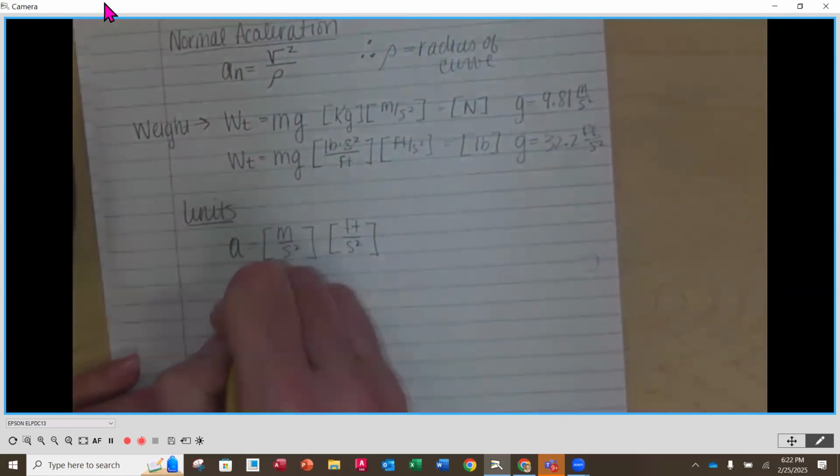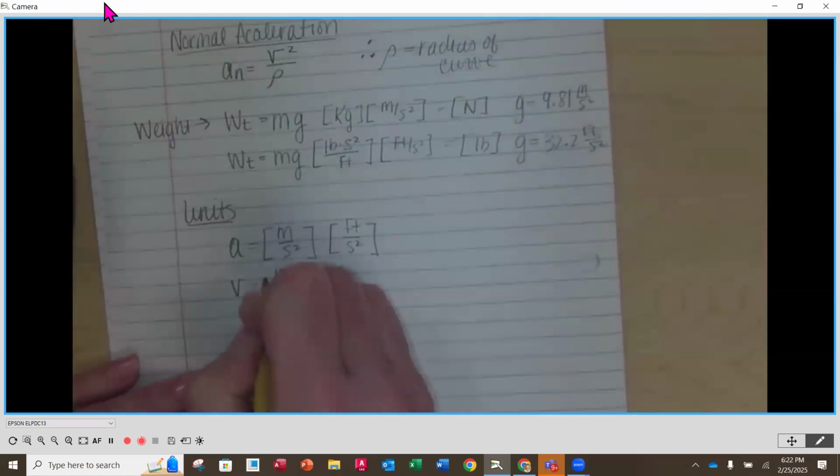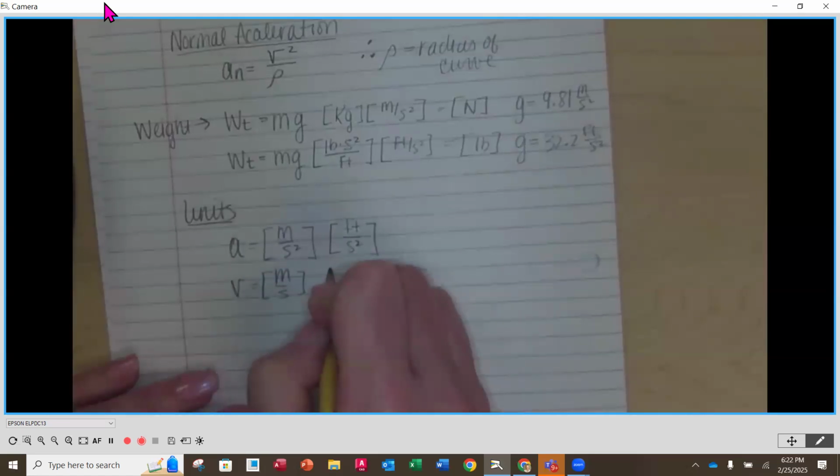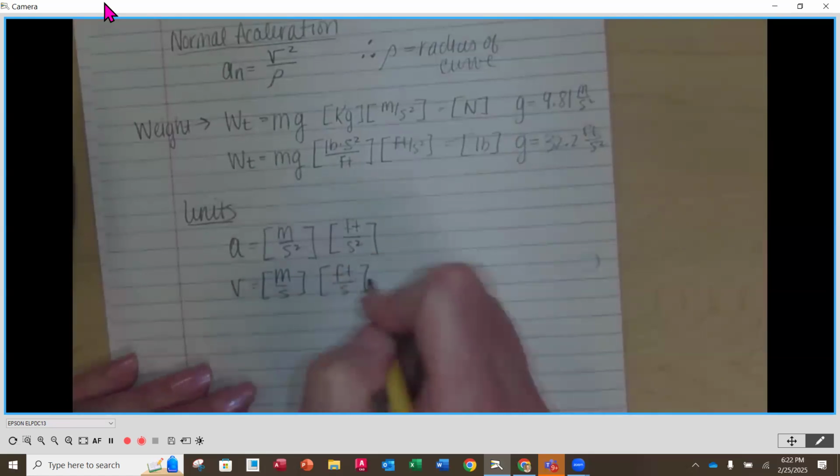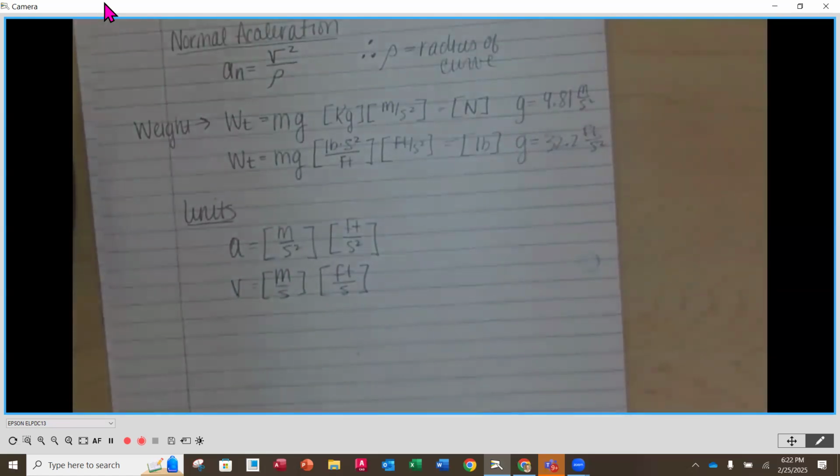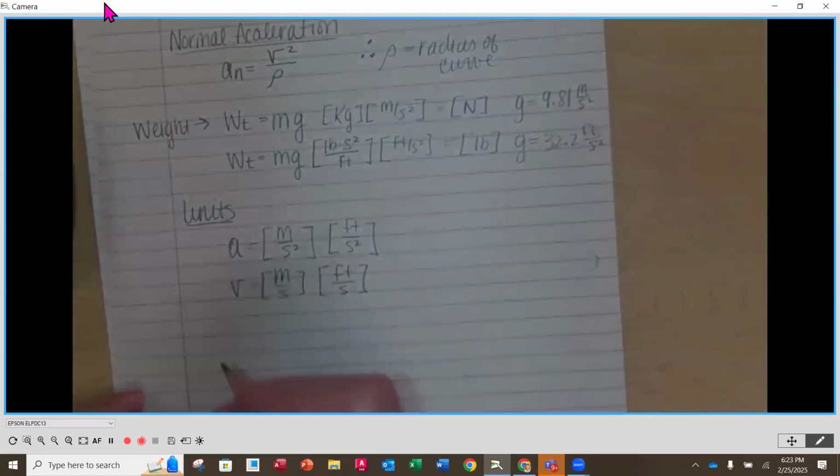For velocity, that's going to be meters per second for the metric, and feet per second for the English. So if you get it in inches per second, or kilometers per hour, you've got to change it so that it fits in with what we're using.